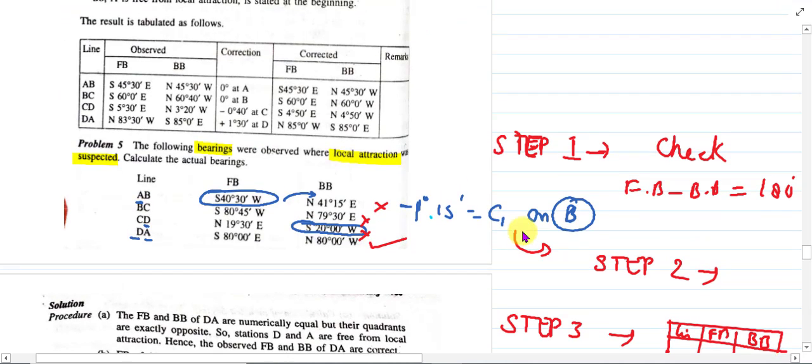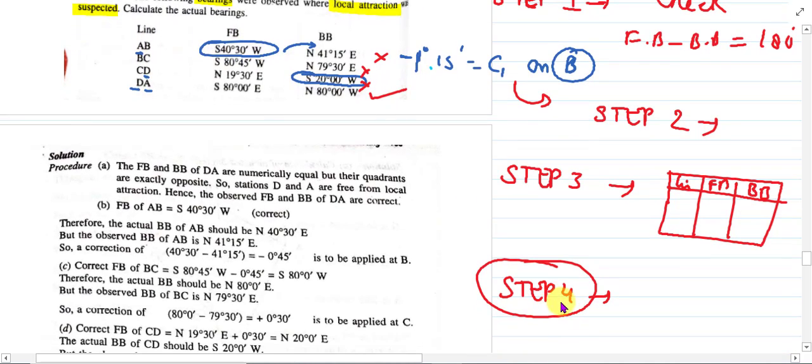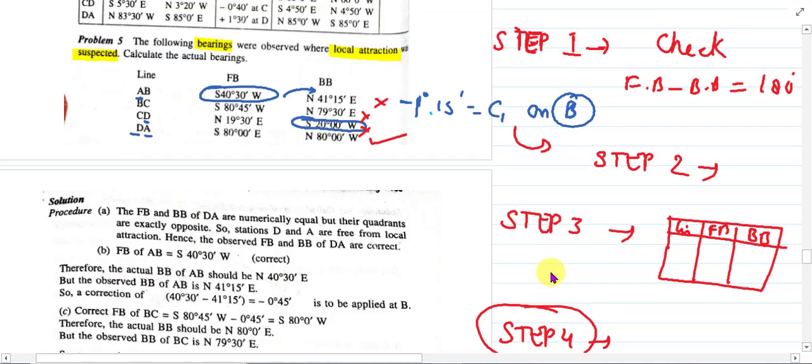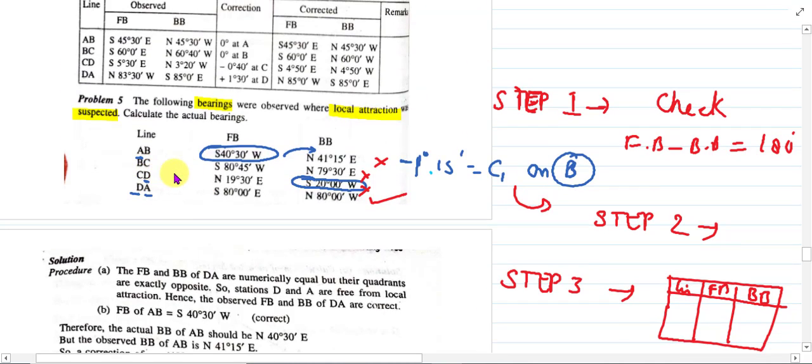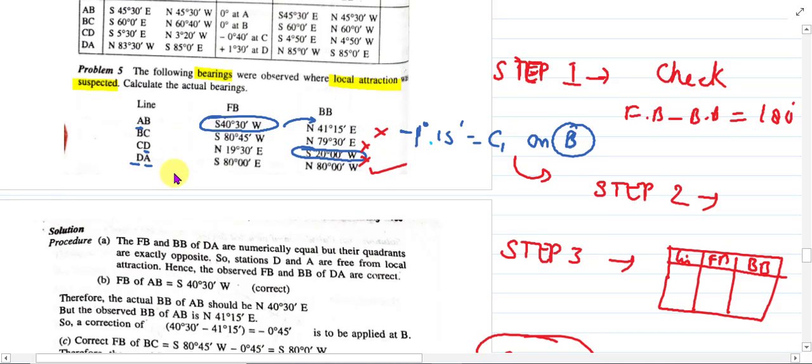If in this question there is a comment on the internal angle, then you have to follow step number 4. Okay, but in this question there is no point regarding the internal angle, so we don't need to go with step number 4, and we will discuss later what step number 4 is. So this is the problem number 5. We just need to solve these 3 steps.